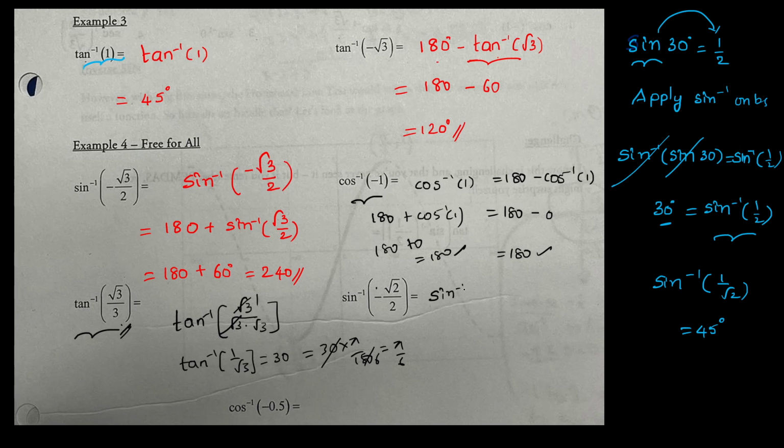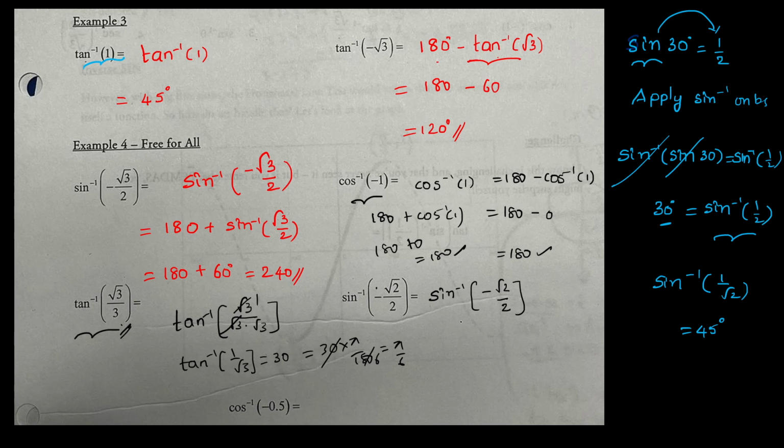Now see this question. Sine inverse of minus root 2 by 2. Again minus is coming. That means sine is negative in which quadrant? Third and fourth. Okay, because in the first quadrant all are positive. That means in second quadrant sine is positive. In third quadrant sine is negative.